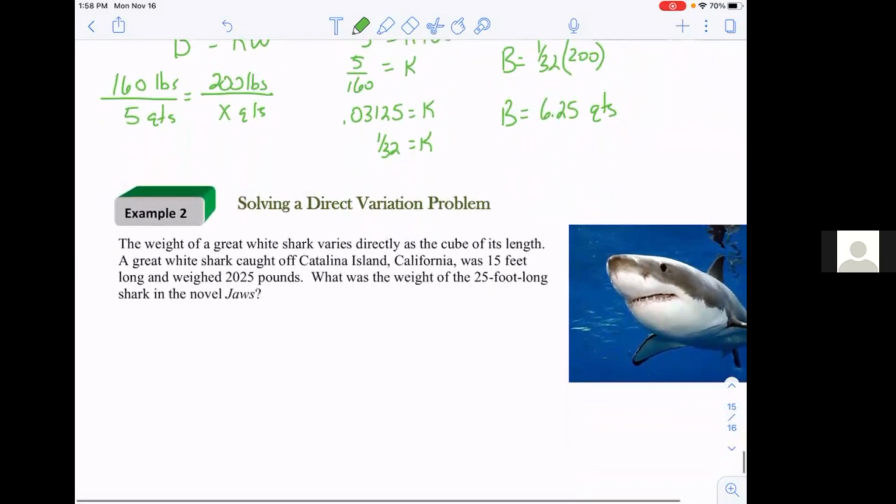The weight of a great white shark varies directly as the cube of its length. A great white shark was caught off Catalina Island, California. It was 15 feet long and weighed 2,025 pounds.